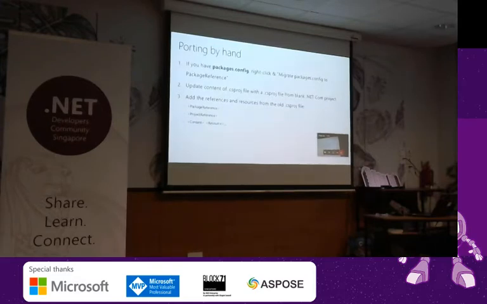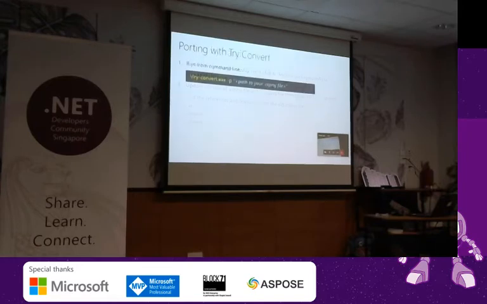So there's a way that we could try to automate this, which is by using the try-convert executable. This is the command line for try-convert for your project file. You can even find this on GitHub. They have the executable file on GitHub.